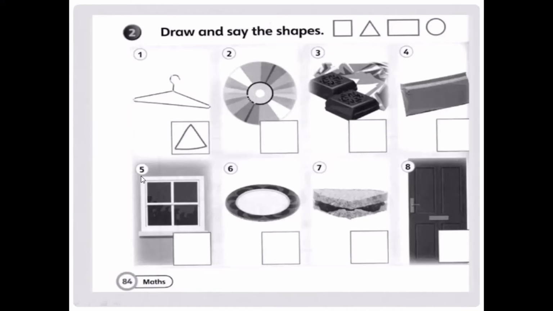Very good. What numbers are the rectangles? Number 4 and 8. And what numbers are the triangles? It's number 1 and 7. Very good. Here's the correction.